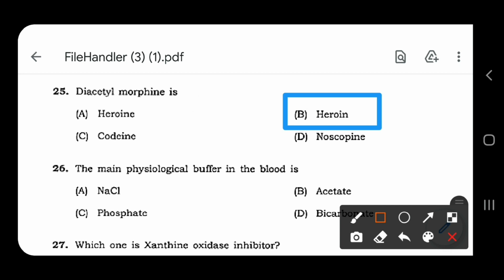In option A, it is the female character of any drama or movie. And codeine is 3-methyl morphine. And noscapine is the benzyl isoquinoline type of alkaloid.